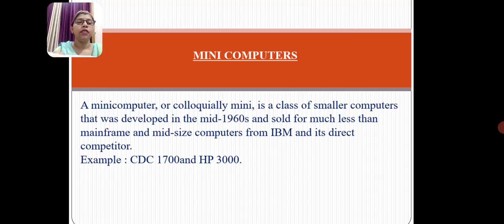It was developed in the mid 1960s and sold for much less than mainframe and mid-size computers from IBM and its direct competitors. Examples are the CDC 1700 and HP 3000.